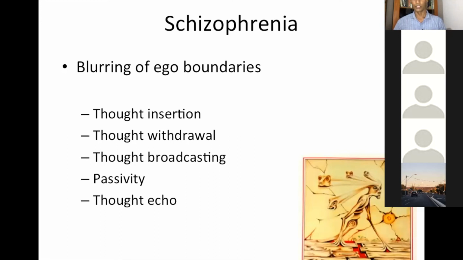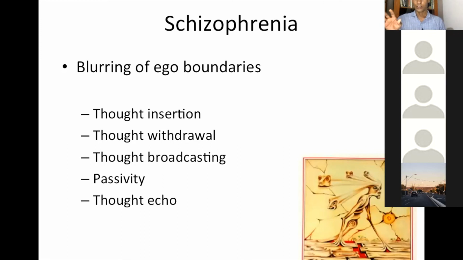Now I have taken this picture from the older edition of Sims' textbook of psychopathology. Sims, Symptoms of the Mind, you have this book in your medical library. This drawing shows some form of losing boundaries.